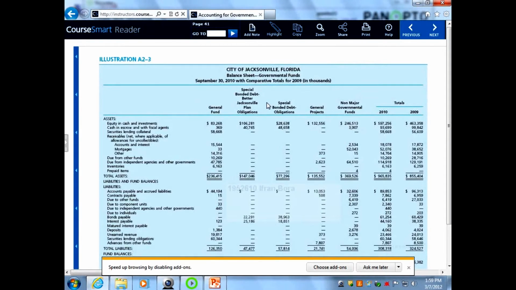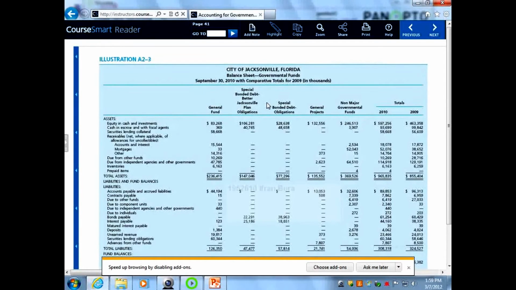GASB says you should use the minimum number of funds. Don't go crazy. But the government has the latitude to show a fund if they want. In some cases, if a government borrows money, those who are lending the money to the government might require a separate fund to be set aside, as we can see in these two cases, the creditors.